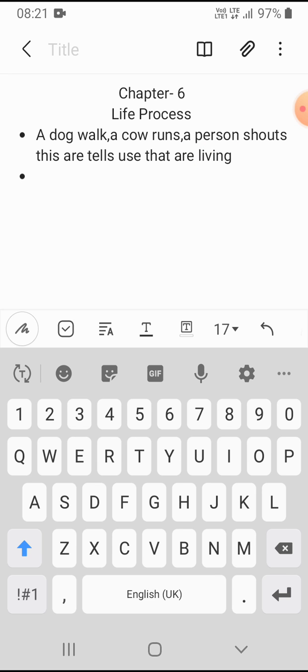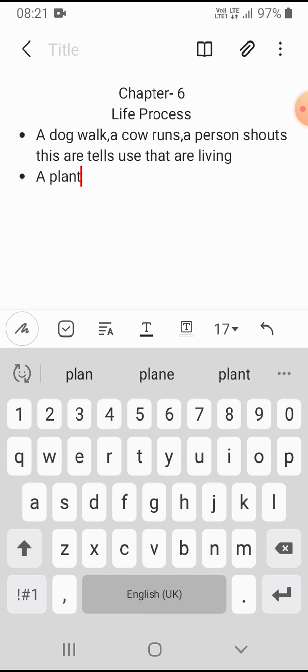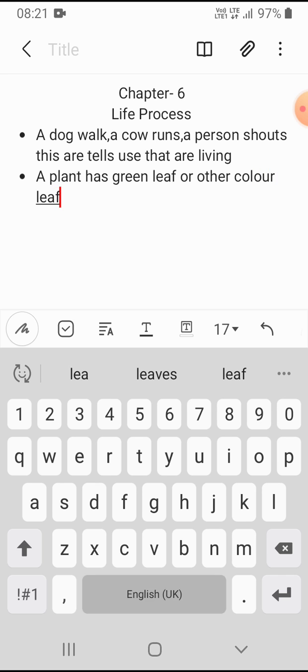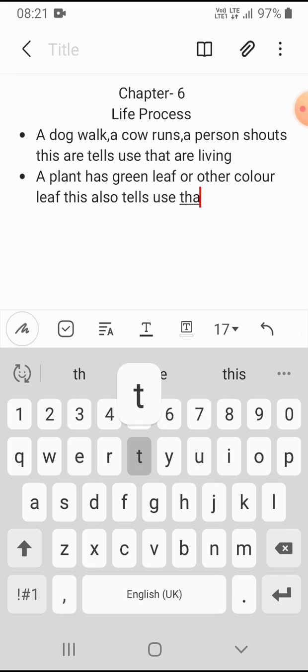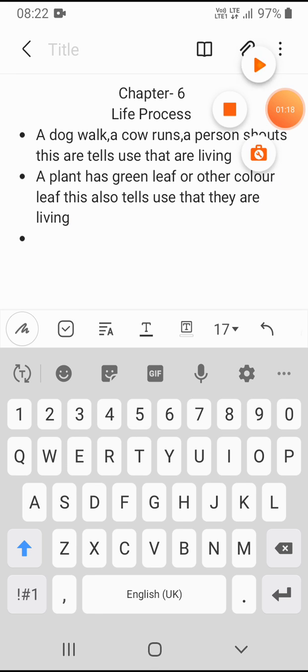A plant has green leaves or other colored leaves. This also tells us that they are living.